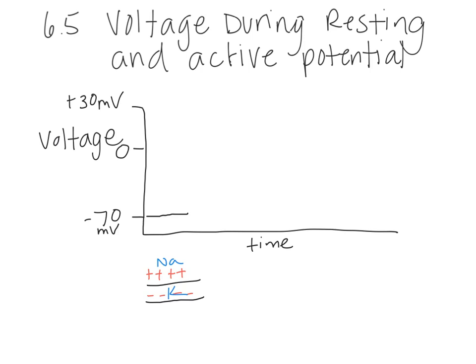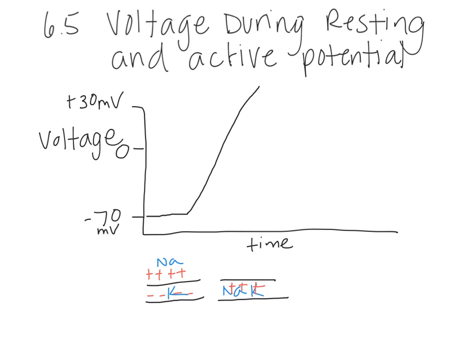When an action potential is reached, what's going to happen is these sodium ions, I'm going to redraw this like this, the sodium ions are going to enter the cell through the sodium ion channels, and our potassium ions are still in there. So our cell here is going to become very positive on the inside, so that's going to cause the voltage to go up.